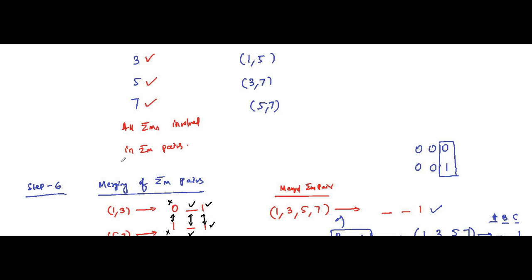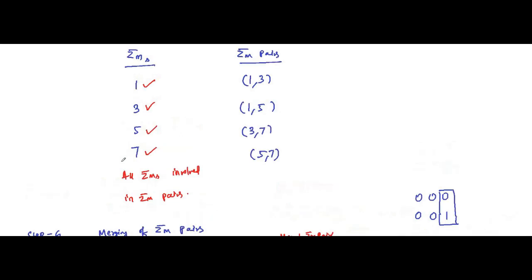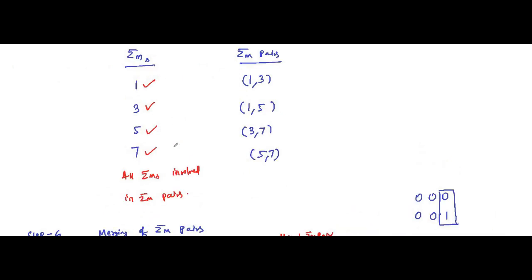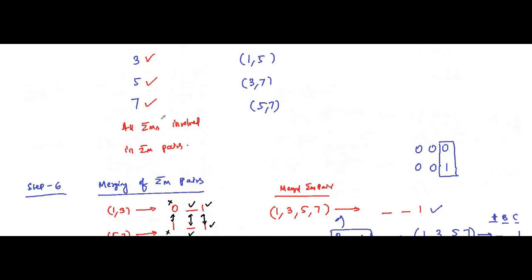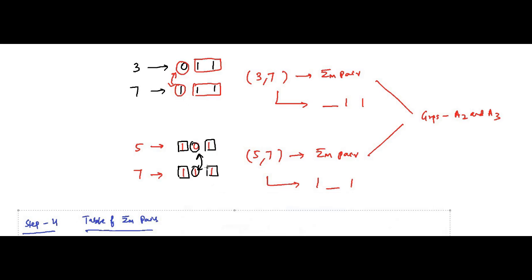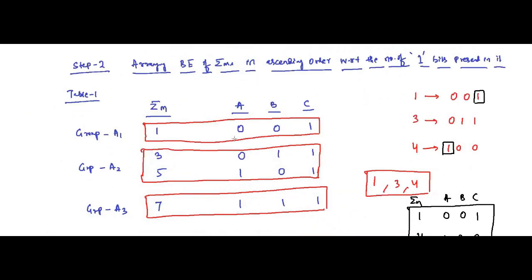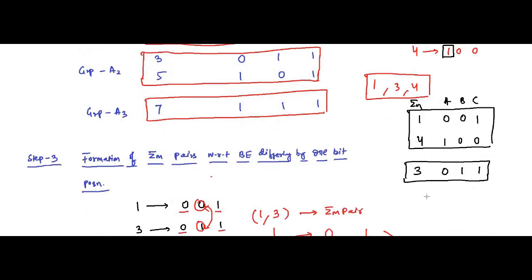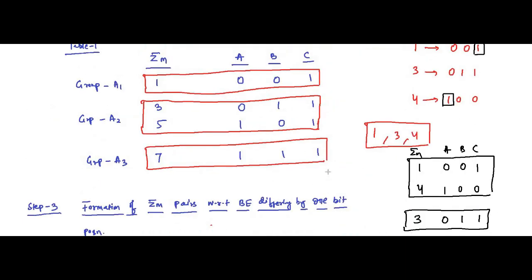But the more problems you solve, the mistakes will become less and less, and ultimately you will reach a point where you can form these minterm pairs just in your head, just by looking at the binary equivalents right from step 1. Directly write them out in their binary equivalents and directly reach the result, and it will take almost 5 to 10 minutes to solve a question.